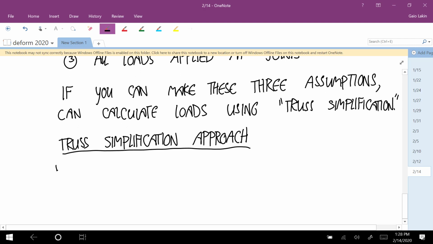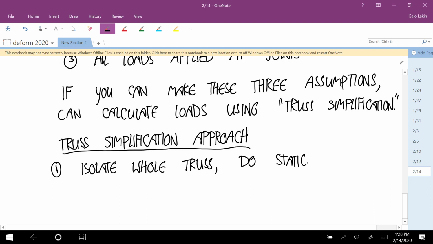So the first thing we're going to do is isolate the whole body as a rigid body, the whole truss, and do the statics of a rigid body.